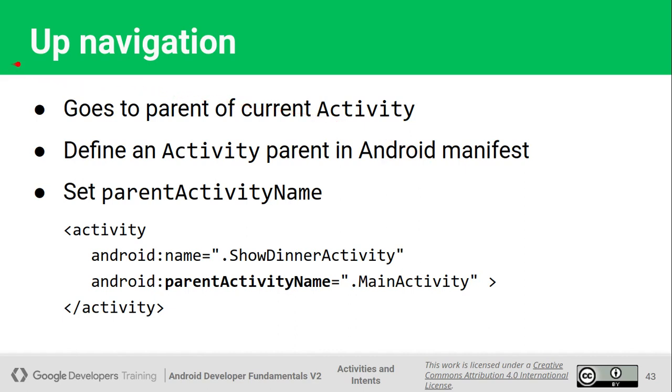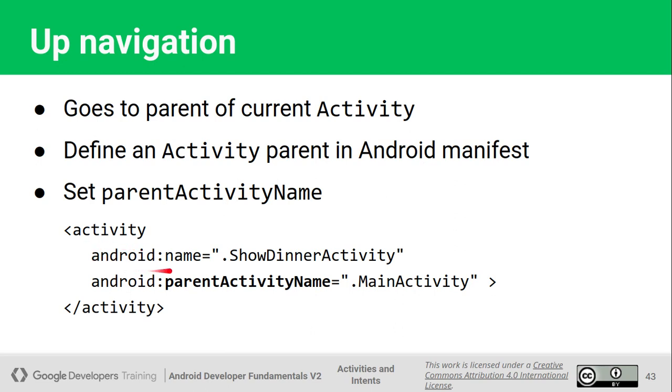To implement this up navigation, we need to create a parent-child relationship in the AndroidManifest.xml. We discussed in the previous lecture that when we create a new activity, the activity tag is added automatically into the AndroidManifest.xml file. So how can we create a parent-child relationship?